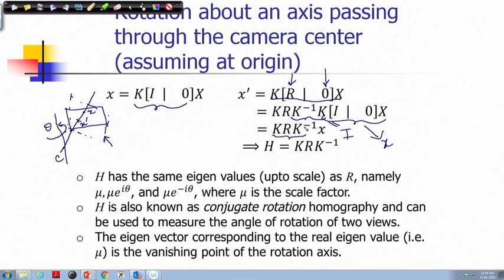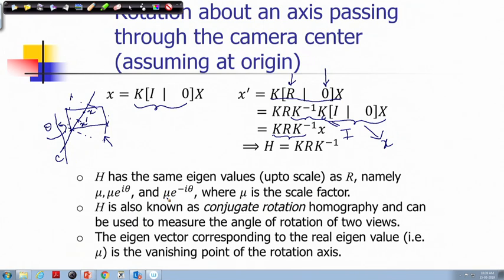So, they are mu, mu e to the i theta, and mu e to the minus i theta. These are complex quantities, as you can see, and mu is a scale factor. I can even write them as 1, e to the i theta and e to the minus i theta, where the scale value is mu.